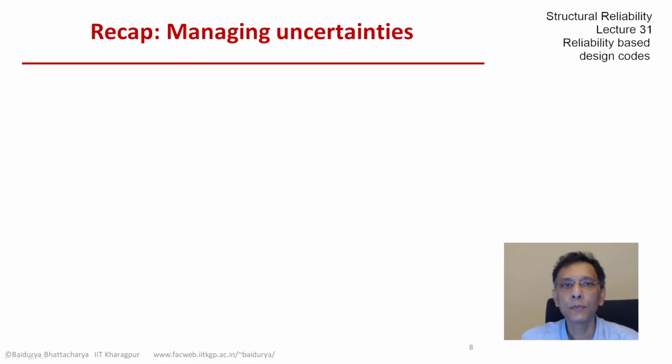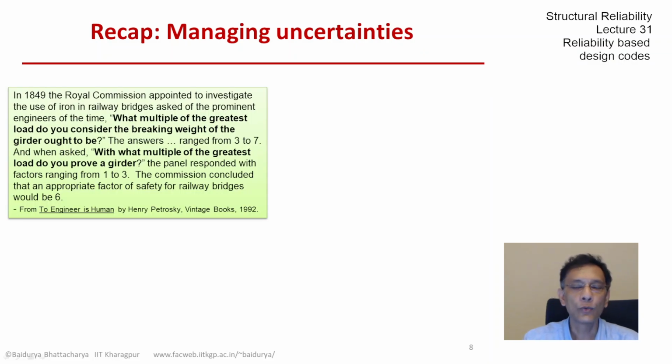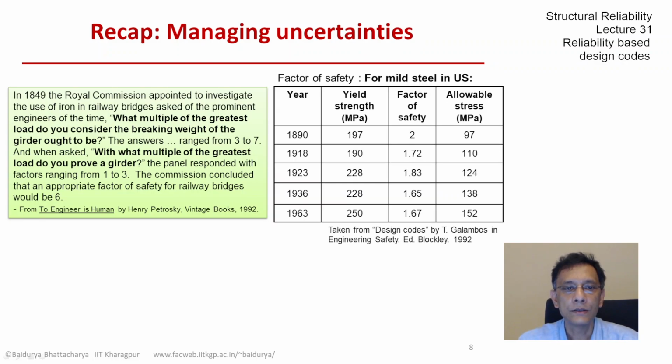We have looked at these examples very early on in this course. This one from design of railway bridges in the mid-19th century Britain, or this set of examples of mild steel designed in the US. You see over about 75 years, the factor of safety fluctuated through 2 world wars and kind of stabilized at 1.67.